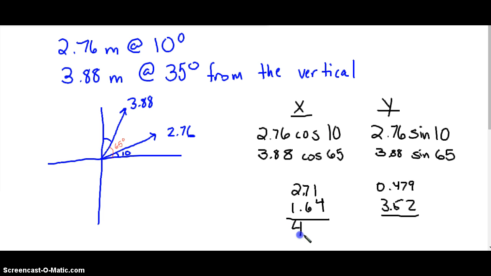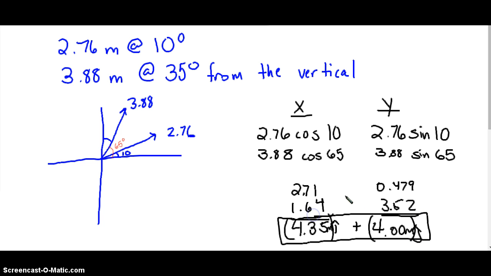We get 4.35, and we can write I hat, and we get 4.0, and we can write j hat. The units for those will usually come before the hat notation, and we would end up with a final answer something like this. Sorry, it's a little sloppy there, but it'd be 4.35 I hat plus 4 j hat.